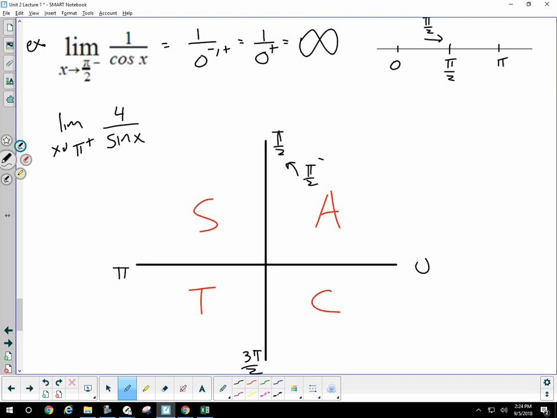You guys try that with 4 over sine x as x approaches pi. Check your answers with a neighbor.